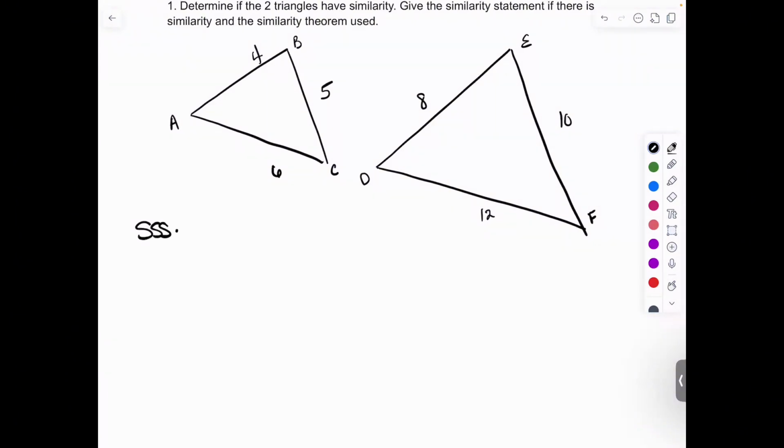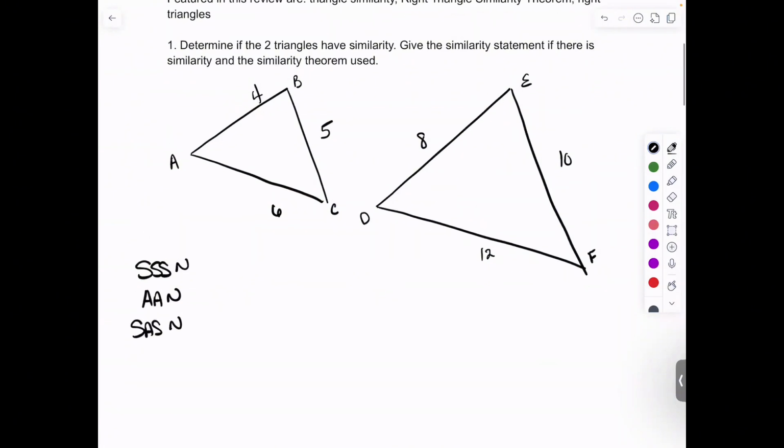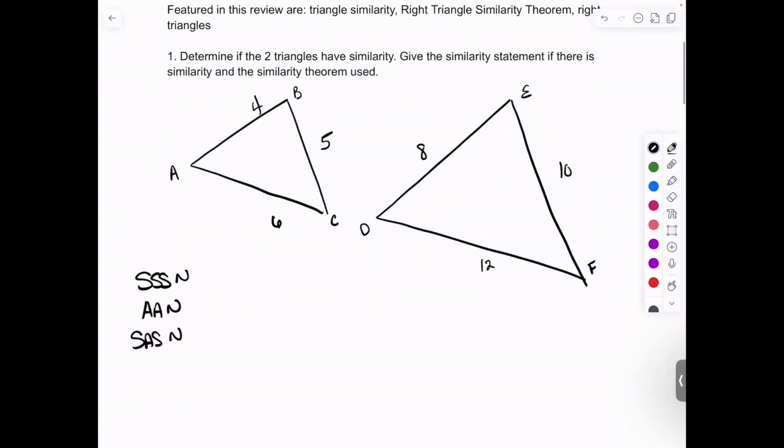We have what's called side, side, side similarity. We have angle, angle similarity. And we also have SAS similarity, which stands for side, angle, side. Three options here. Now, we can only look at one because notice we have side, side, side.